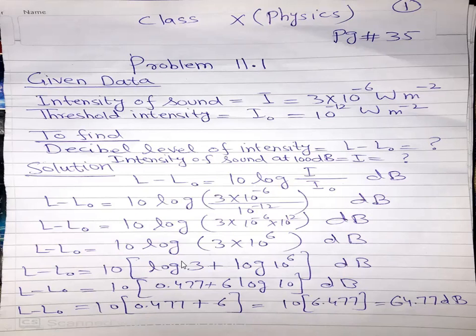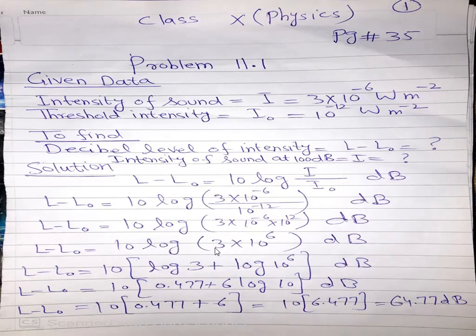If you recall the properties you have already studied in the mathematics class, when there is a multiplication in the log, you will change this into an addition sign. I'm using the log property here.